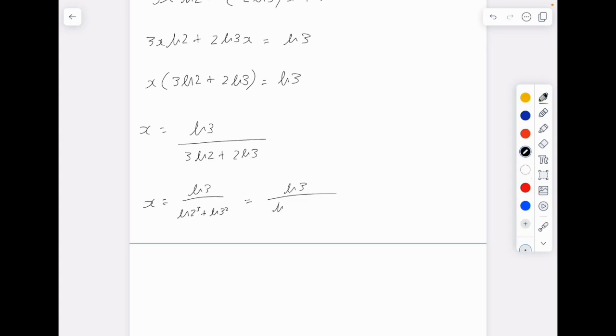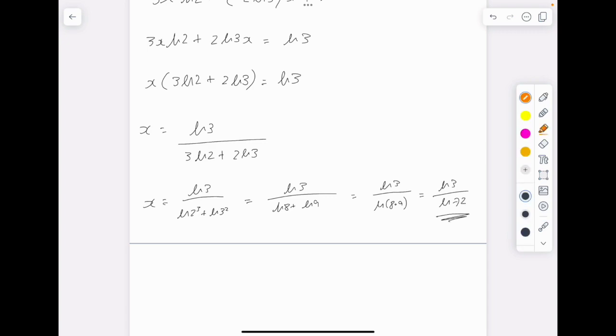So we get ln 8 plus ln 9. So ln 3 over ln of 8 times 9, which is equal to ln 3 over ln of 72. And that, guys, is going to be your final answer for that question.